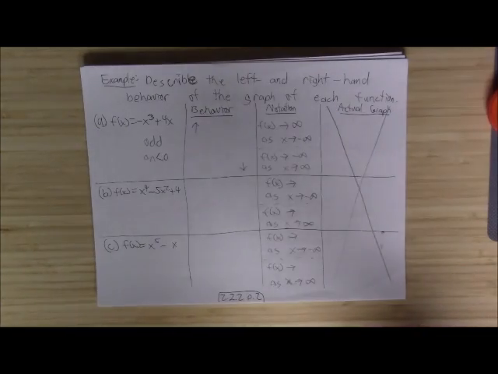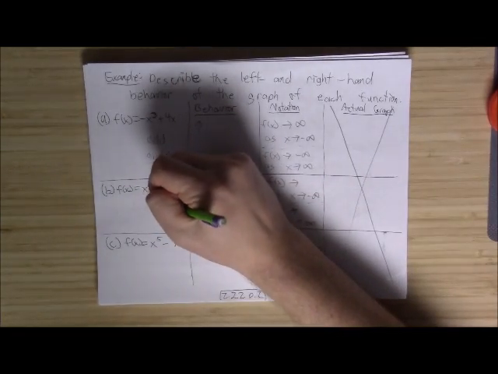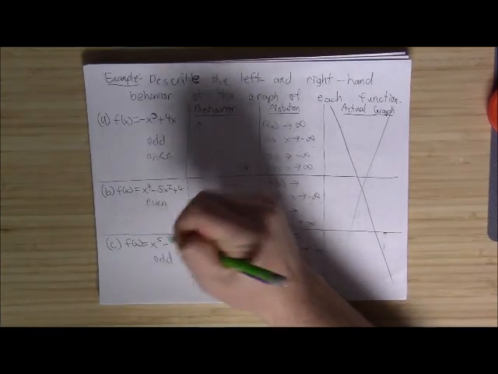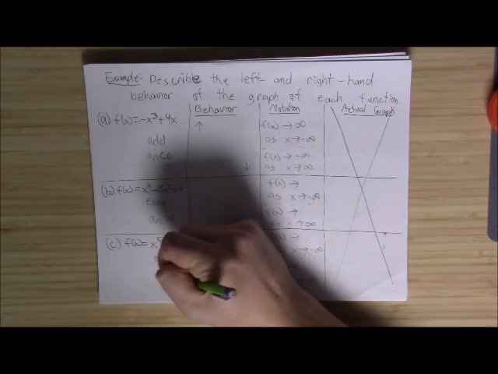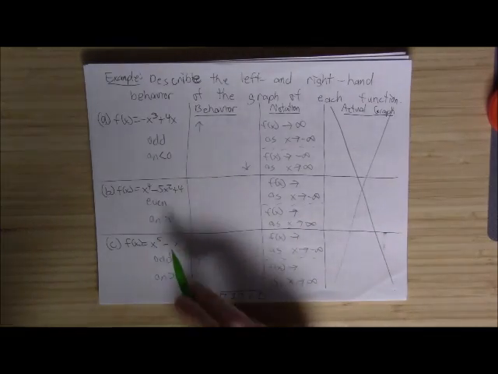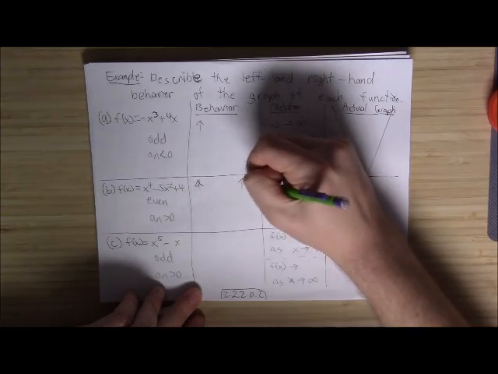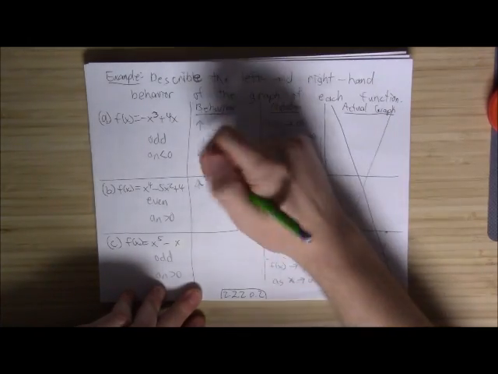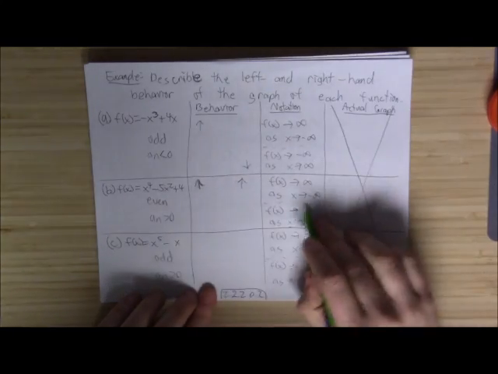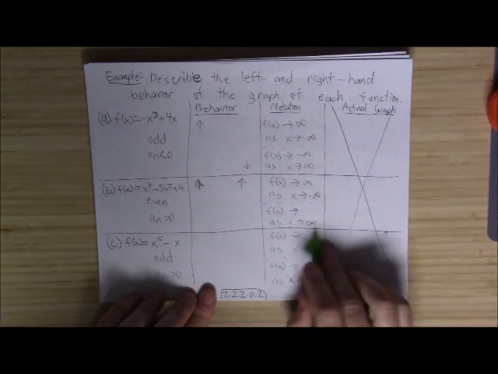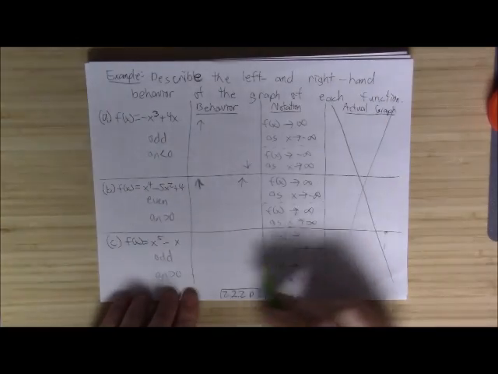Well, we have that the degree is even, and the leading coefficient is positive. Well, if it's even with a positive coefficient, it should go up and up. Namely, we should have f of x goes to infinity as x goes to negative infinity, and as x goes to positive infinity, f of x should also go to positive infinity.